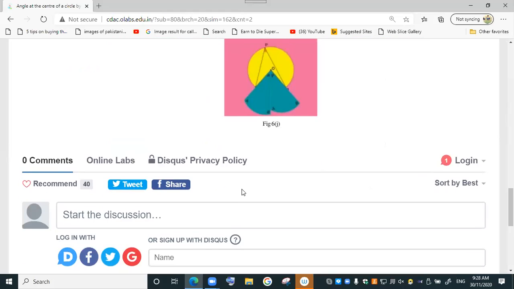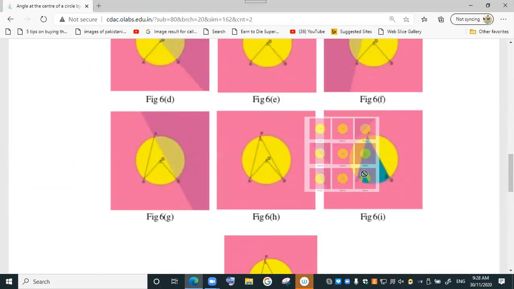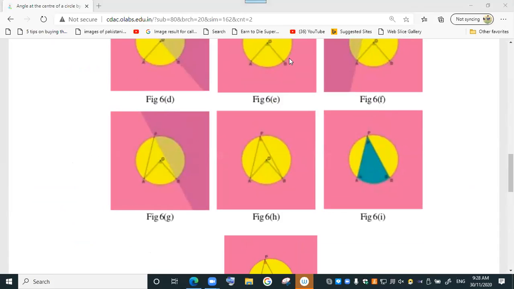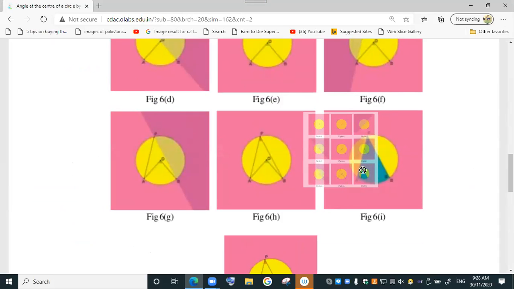Now what we will do, this is the one with different colors. You can paste on it, but before that you have to make one replica of it. Replica means the same figure, similar to this. Cut one more part similar to this.